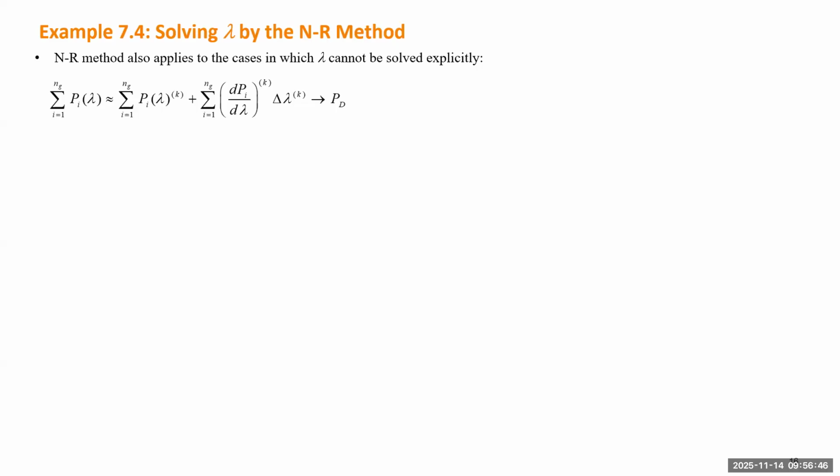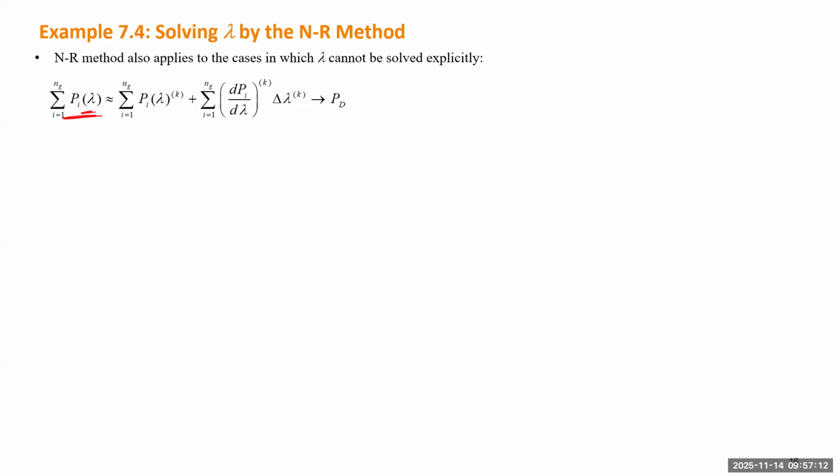The Newton-Raphson approach, you need to give some initial guess. Even if the initial guess is wrong, after some iteration, eventually you will go to the final solution, same as what we did for power flow. Okay. So if you use the Newton-Raphson approach, lambda will be the main thing to solve. This is actually from the power balance equation.